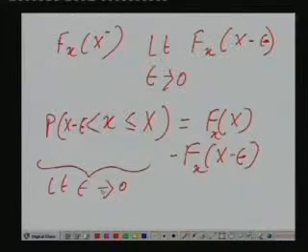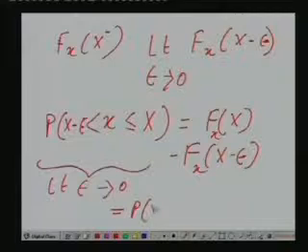Obviously, as epsilon becomes smaller and smaller, this lower limit becomes closer and closer to capital X. So, the gap between capital X and this becomes smaller and smaller. So, in the limit, small x coincides with capital X. So, when I take the limit with epsilon tends to 0, this goes to P of x.